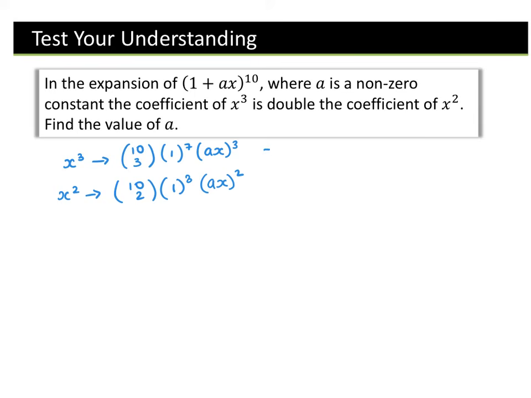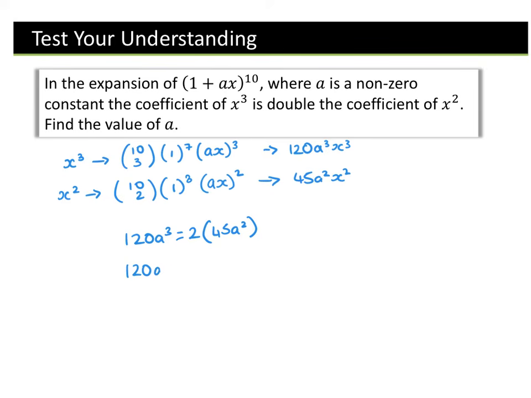In actual fact, 10 choose 3 is 120, so we're going to have 120a cubed x cubed. And this is 45a squared x squared. So 120a cubed is double the coefficient of a squared x squared.